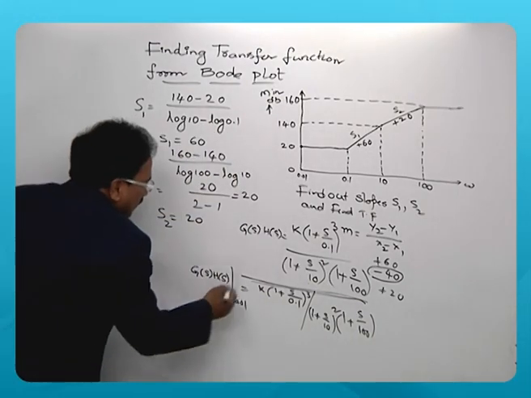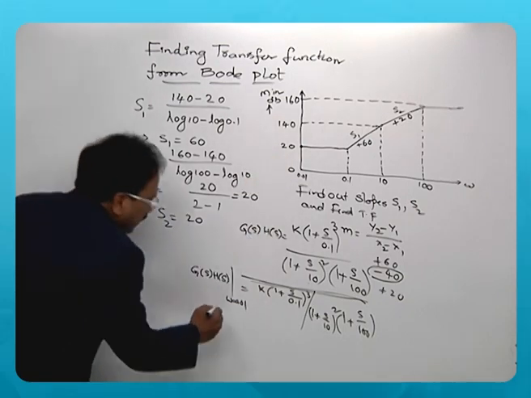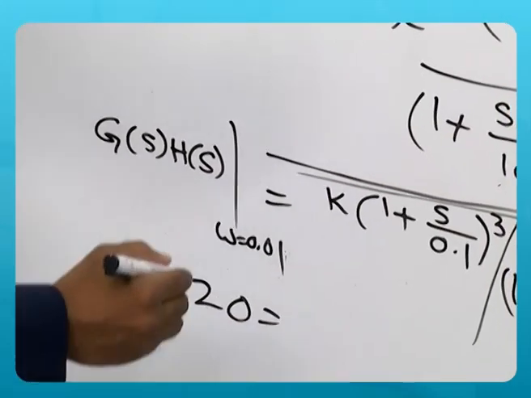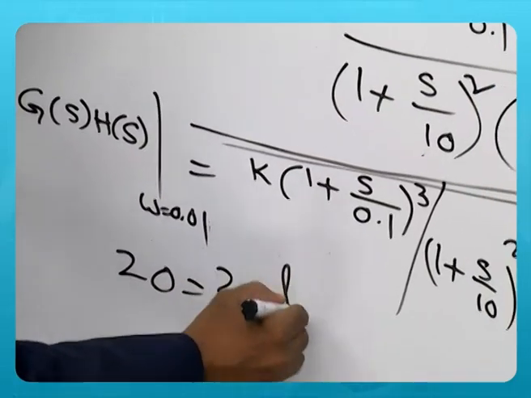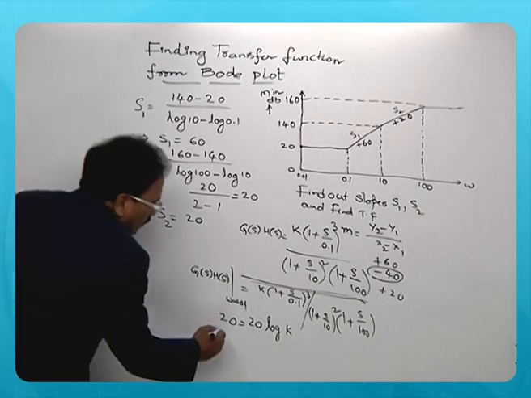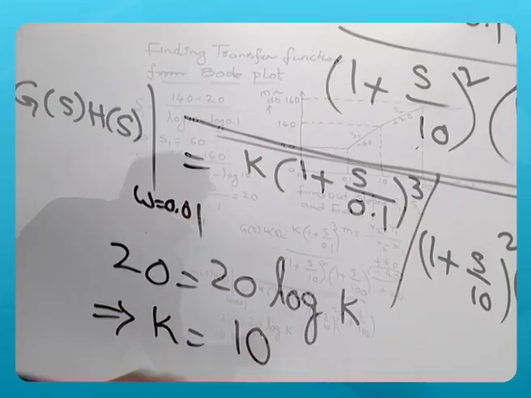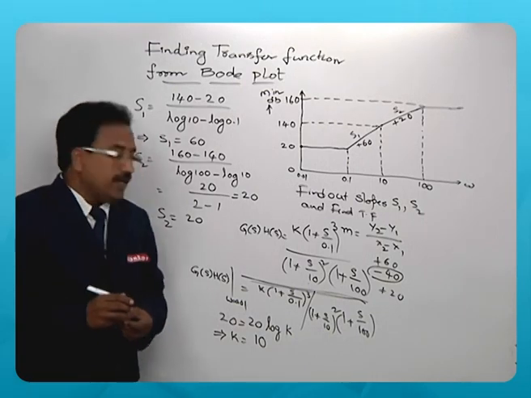So this magnitude at omega equal to 0.01 is given from the plot as 20, and that must be equated to 20 log K. So log K is 1.